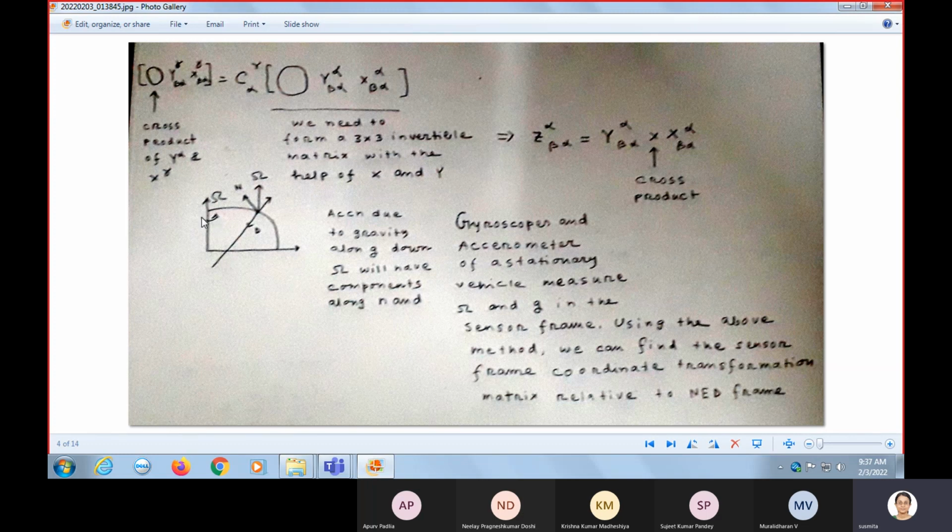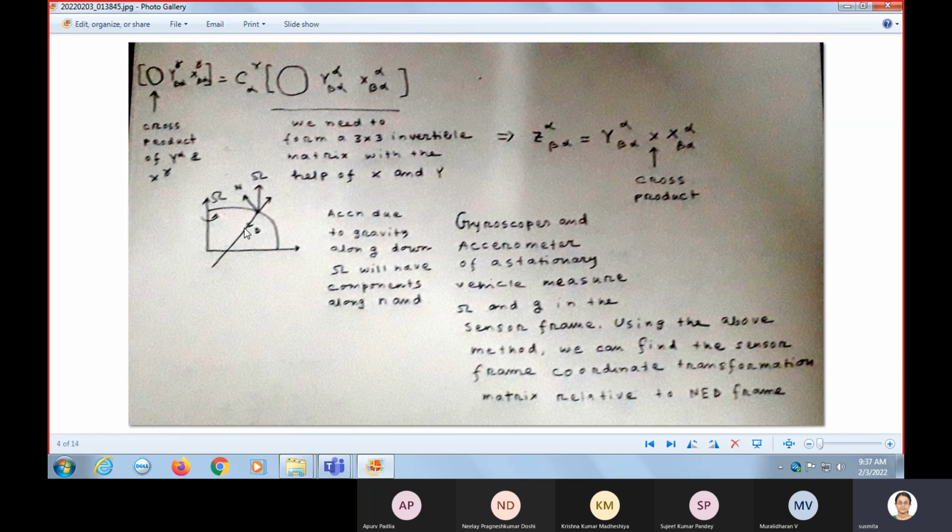Now, this is the earth rotation rate. We know that the earth rotation rate vector is along the ECEF Z axis. We already know that this can be resolved along north and negative down. For a stationary vehicle, the gyroscopes measure the earth rotation rate. Okay. And again, just like the acceleration due to gravity, gyroscopes would show the components of this omega vector along their sensitive axis. And from theory, we know in the local navigation frame along which direction these two vectors are pointed.